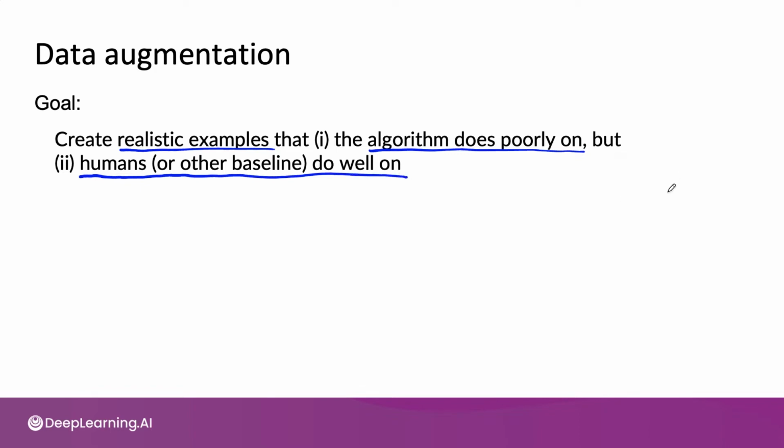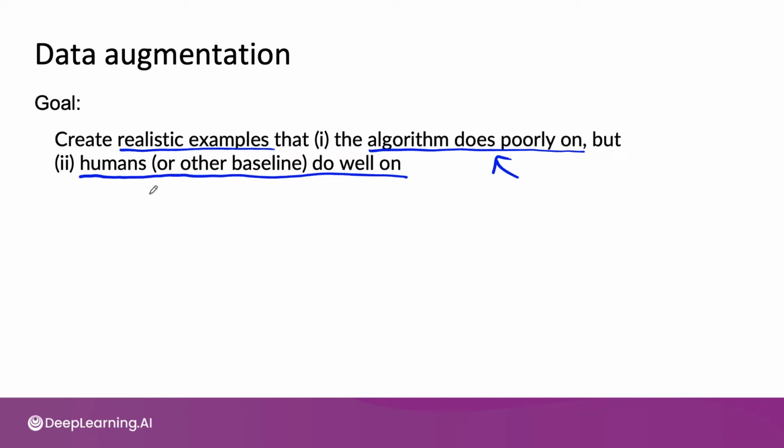Because otherwise, one way to generate examples that the algorithm does poorly on would be to just create examples that are so noisy that no one can hear what anyone said. But that's not helpful. You want examples that are hard enough to challenge the algorithm, but not so hard that they're impossible for any human or any algorithm to ever do well on.